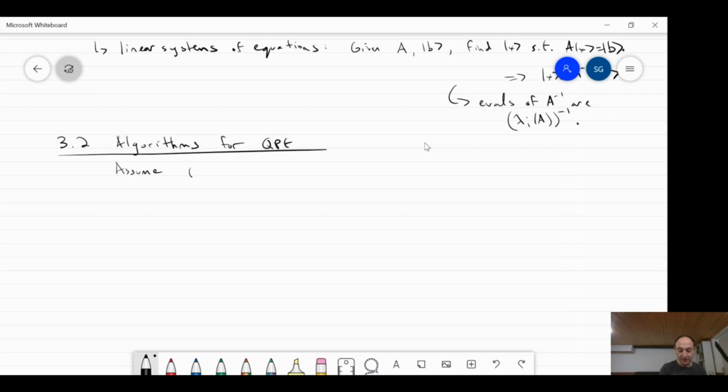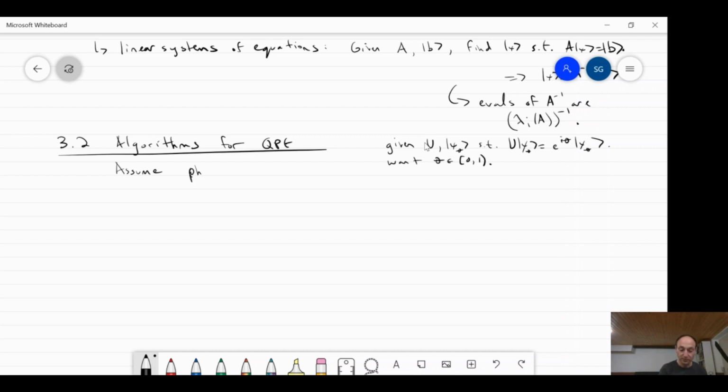Let me remind you how this works: you're given u, and you're given the eigenvector psi theta, such that u psi theta equals e to the i theta psi theta, and your goal is that you want theta. Remember that this is something strictly between 0 and 1. So it's some number smaller than 1 in particular.